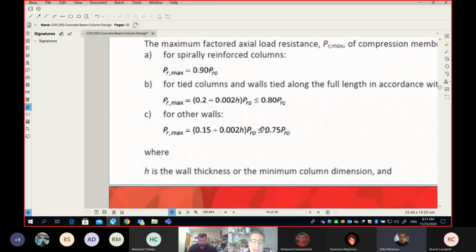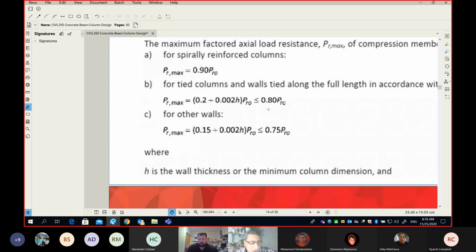In this example, 500. Exactly. Thank you so much. So h, as per this statement here, is the wall thickness or the minimum column dimension, so 500. If you put 500 here, it looks like you will get 1.2. If you multiply 500 times 0.002 plus 0.2, you will get 1.2.